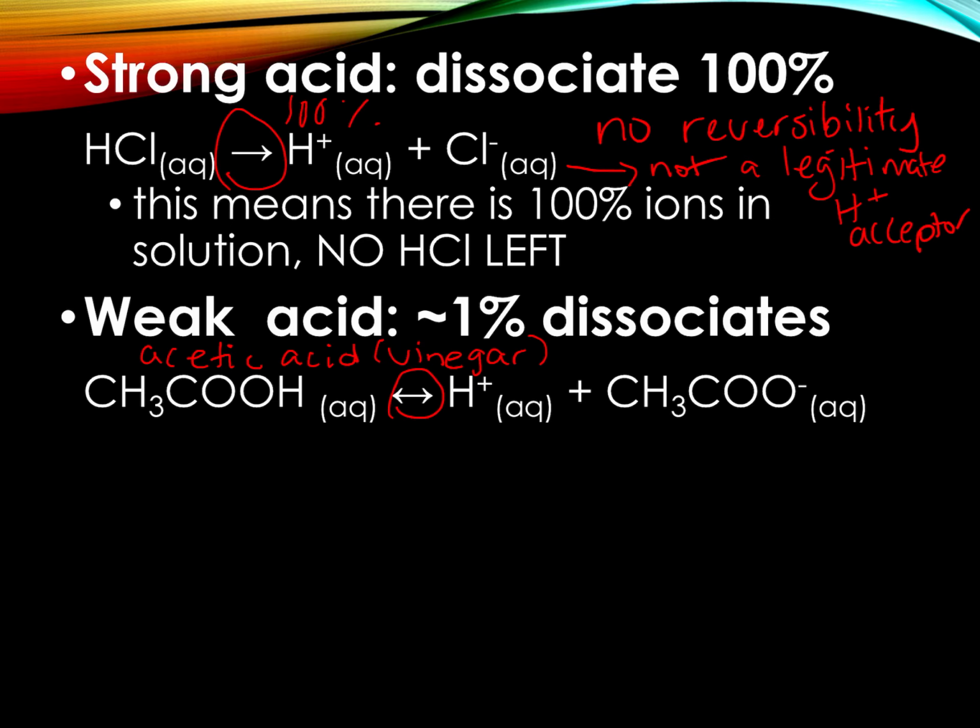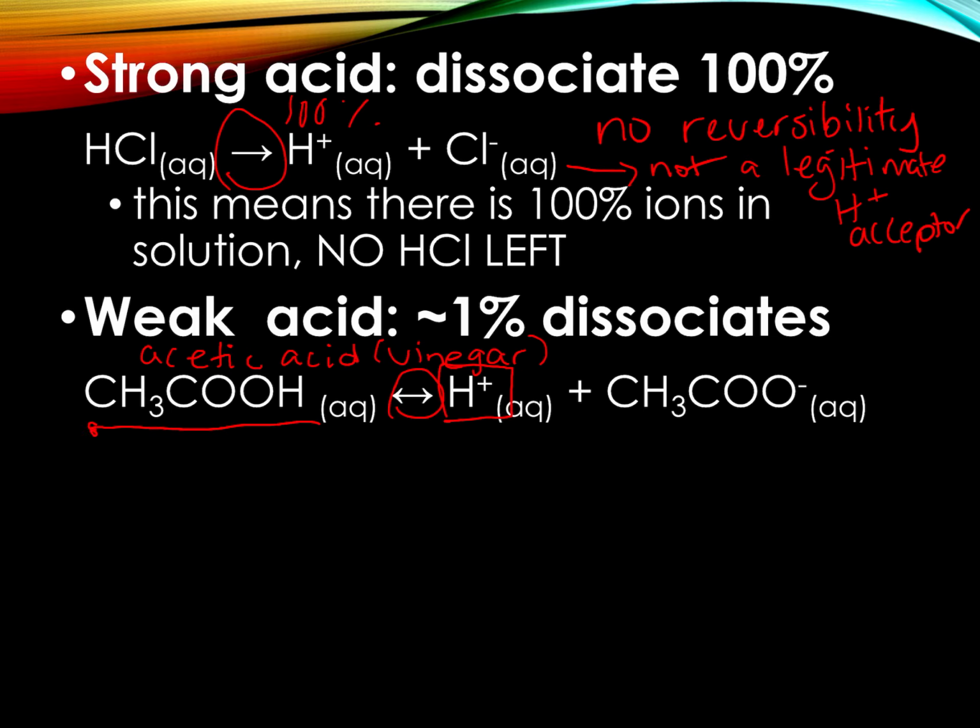So the acid only dissociates about 1%, which means that there is a considerable amount of the acetic acid left in the solution, and the pH or the strength of the acid depends on how many moles of hydrogen ions or protons are produced.